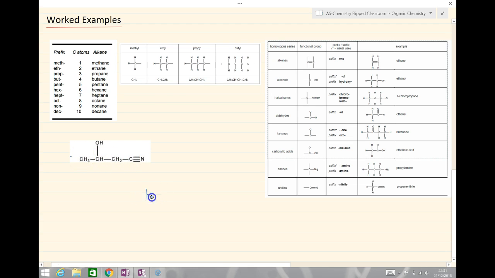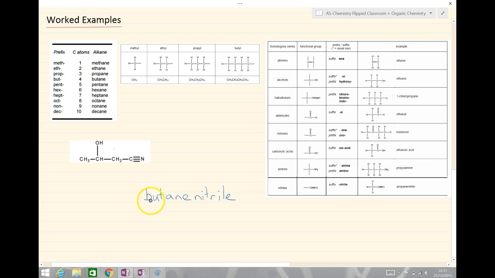So again we're but, ane. Now, our rule here is we never have a vowel next to another vowel or a consonant next to a consonant. So because it's butane nitrile, we keep the E in. So butane nitrile, not butan nitrile.